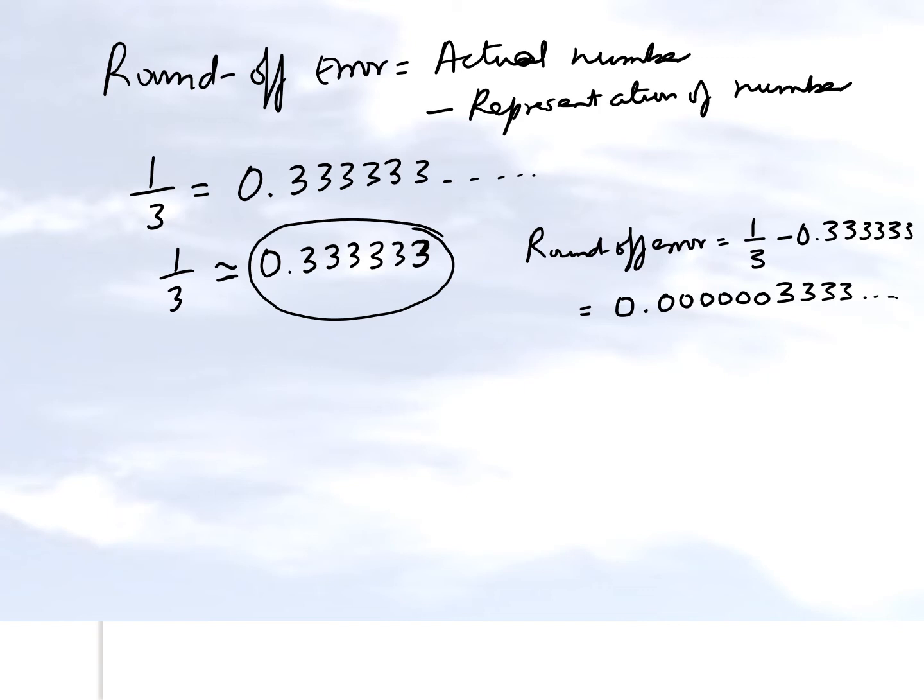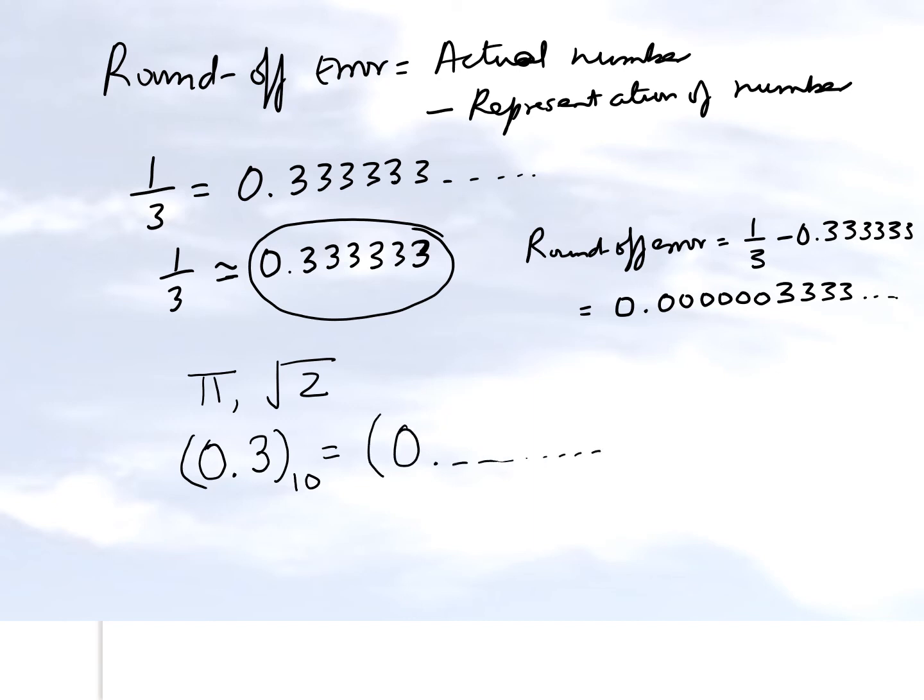Round-off error also takes place with irrational numbers such as pi, square root of 2, and so forth. Also, numbers are not represented in base 10 in a computer; they are represented in base 2. Let's suppose I have 0.3 in base 10. This number will have an infinite number of 0s and 1s after the radix point.